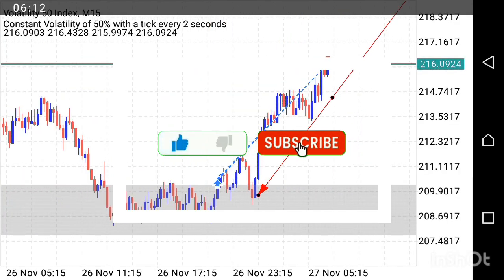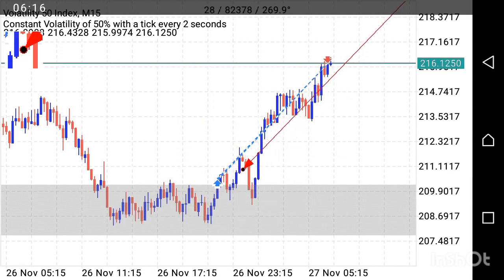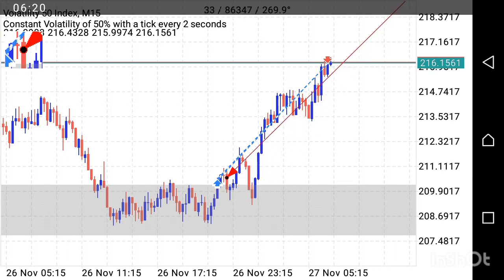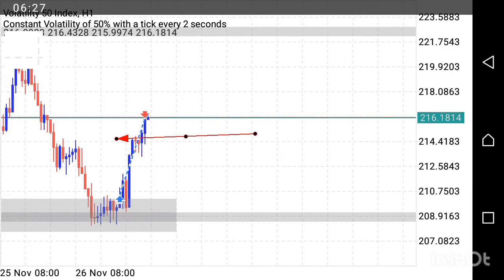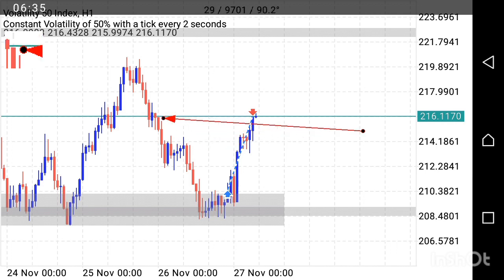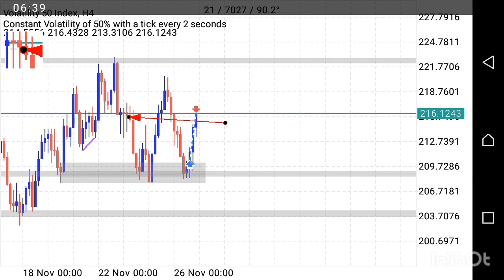Even on the 15-minute time frame, we can see what's happening on the market. The market just started buying, gave me a little floating loss, and my stop was just below the zone, and the market started buying and really gave us a lot of profit. I could have taken my profit around that region on the 1 hour time frame, but I decided to take my profit because on the 4 hour time frame we can see multiple rejections around that zone where I took my profit.